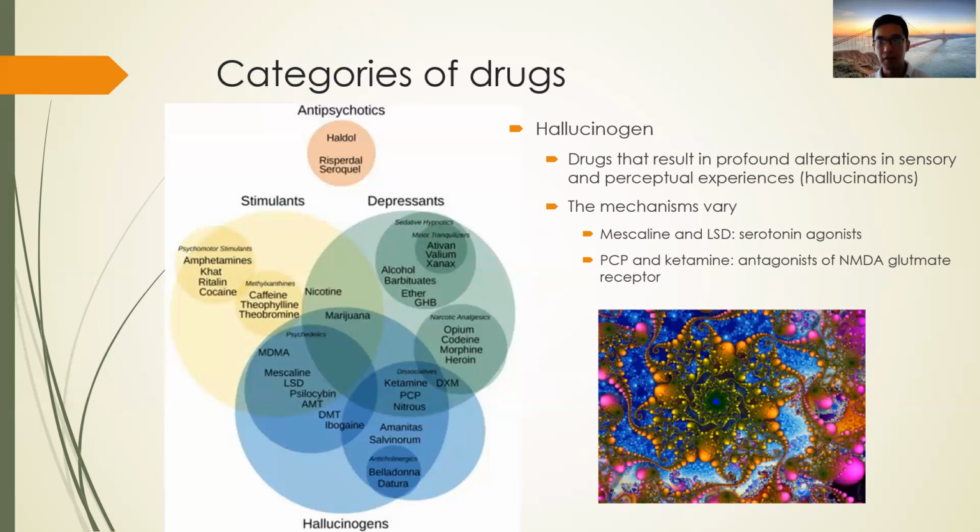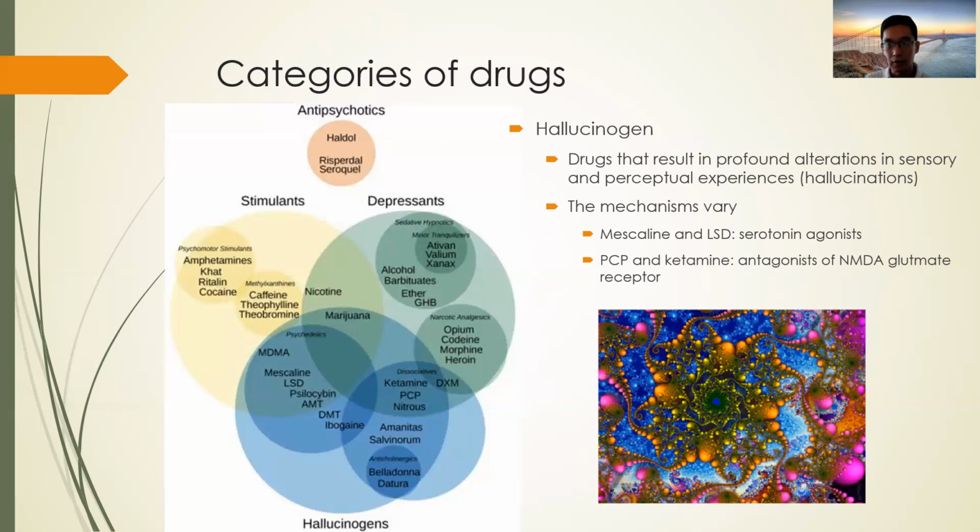Some drugs can make people have hallucinations, see things they shouldn't see, hear things they shouldn't hear. But the mechanisms of hallucinogens are different. They are categorized in the same category just because they all create hallucinations.